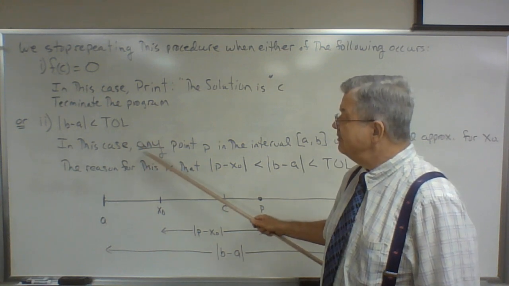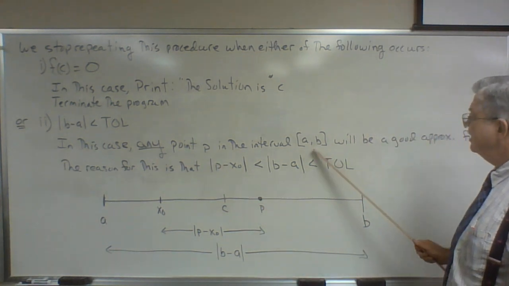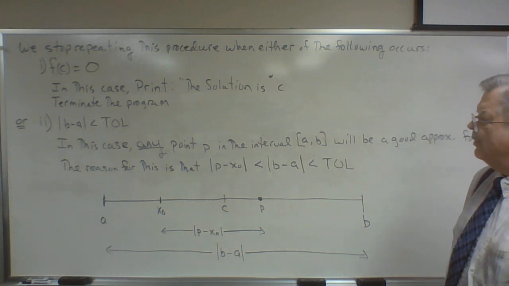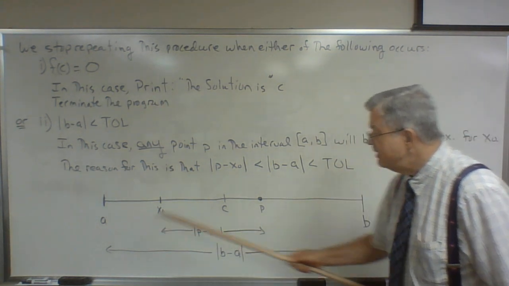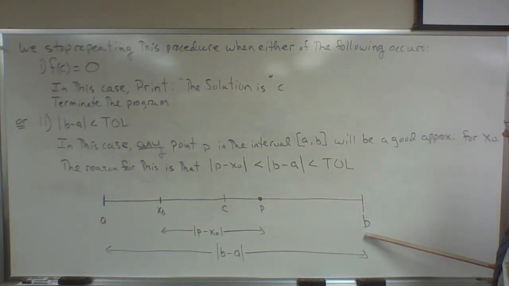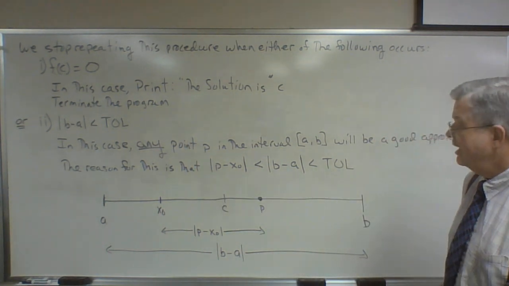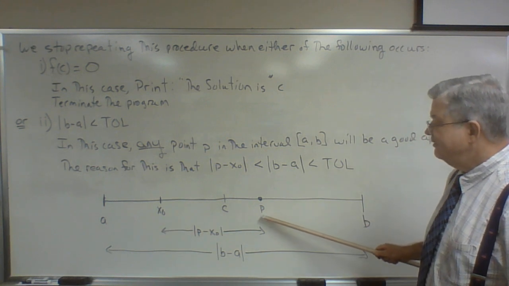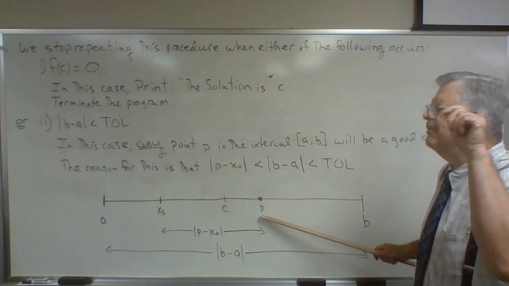And when it does, any point P in this interval will be a good approximation for our solution x0. Well, why is that? Well, here's our interval from A to B, a tiny interval, but we've blown it up. Here's our solution x0, and here's any point P in the interval that we just pick at random.